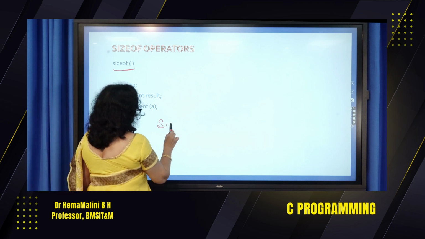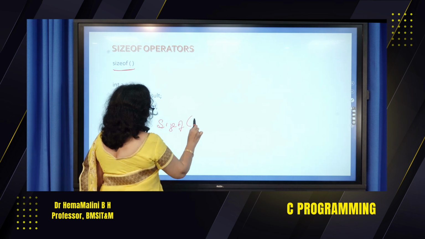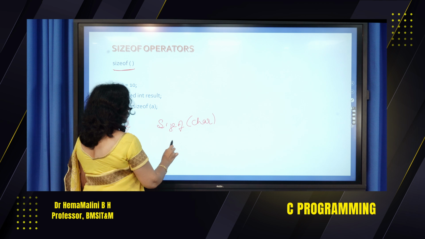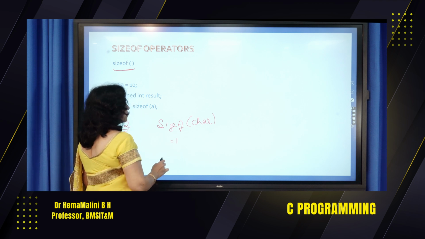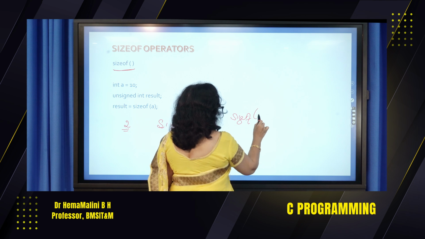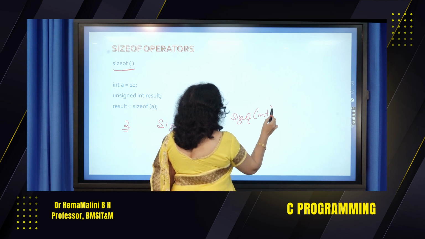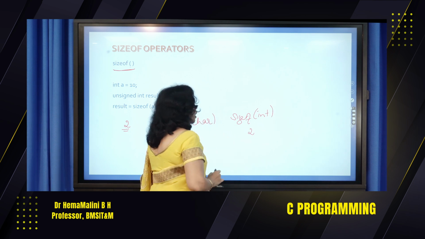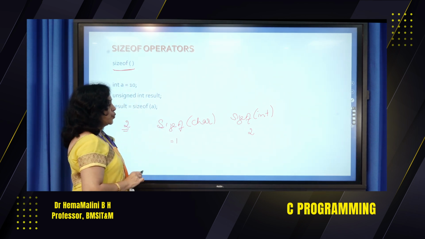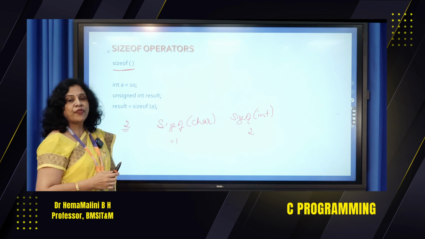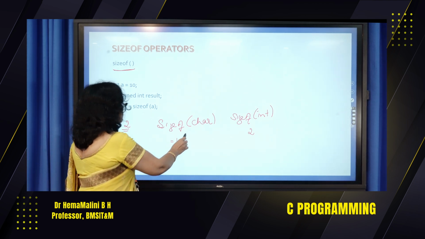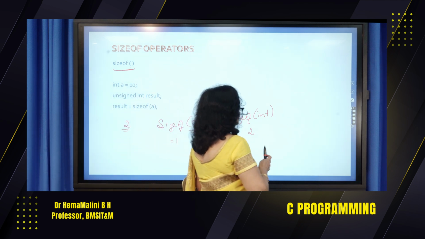If I say sizeof char, it consumes 1 byte, so the result would be 1. If I say sizeof int, if integer consumes 2 bytes, the result would be 2. If I say sizeof float, if float consumes 4 bytes, the result would be 4. So that is about the sizeof operator.